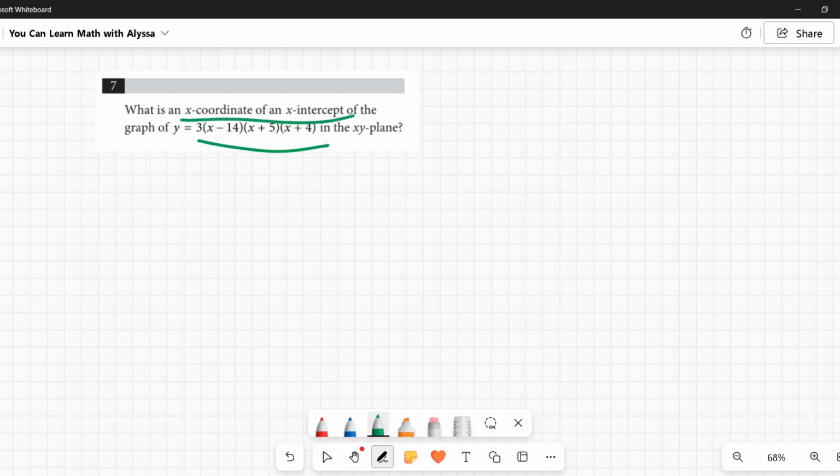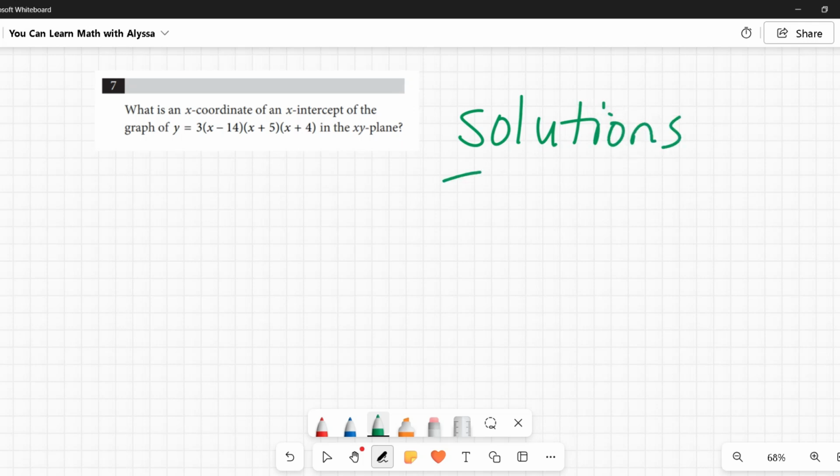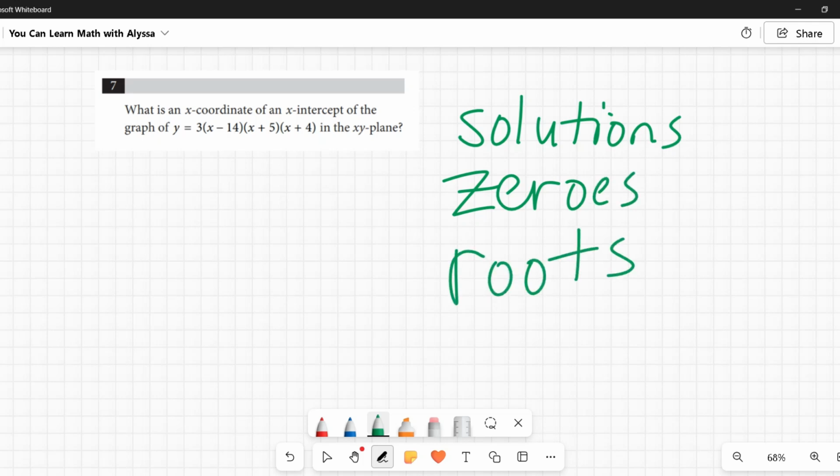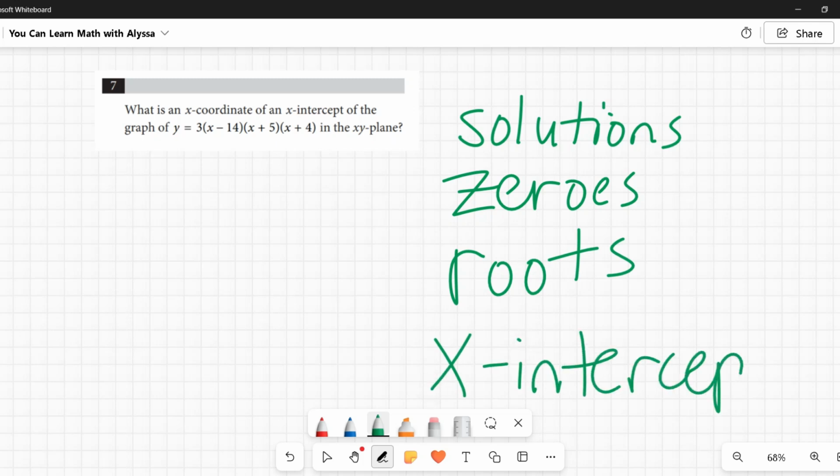And when it says the x-coordinate of an x-intercept, the terms that get reused are interchangeable. They're going to see all of these, so know that they all mean the same thing. They are the solutions of a polynomial, the zeros of a polynomial, the roots of a polynomial, or the x-intercepts of a polynomial.